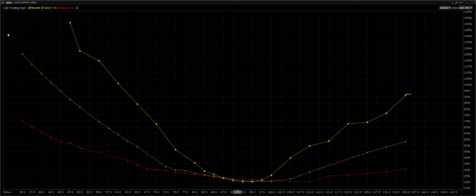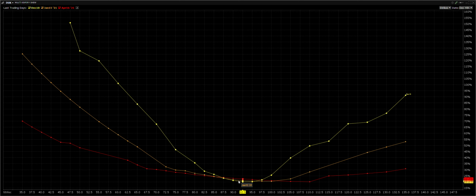It really doesn't matter what stock you're pulling up here. And you can see we have a December, January, and April expiration pulled up. Duke Energy right now is just a tad over 91 bucks. So you can see here, right in between here is the at the money strike. So let's say you want to sell a covered call.